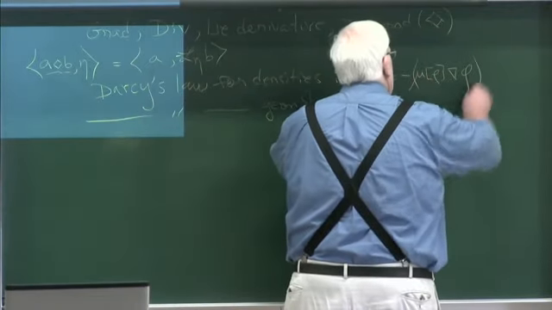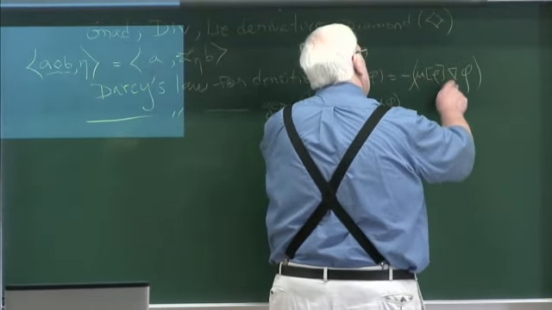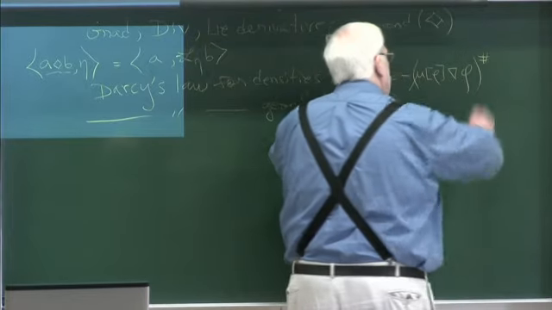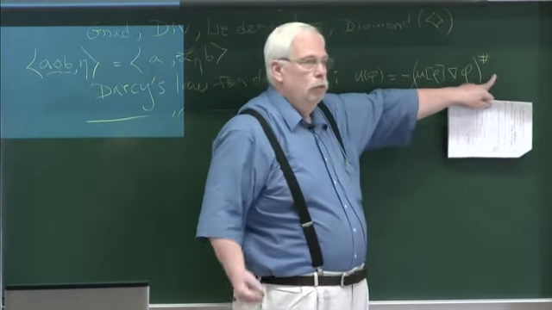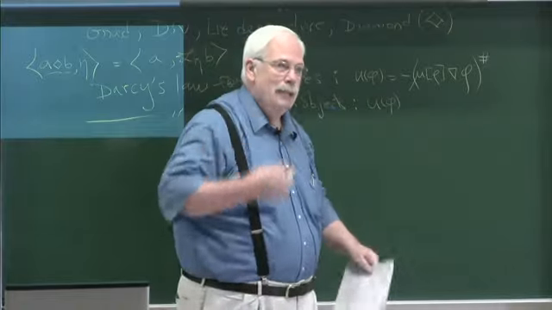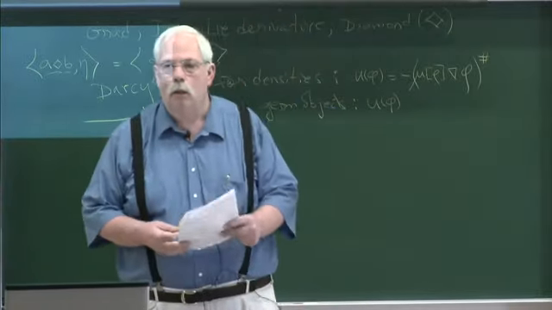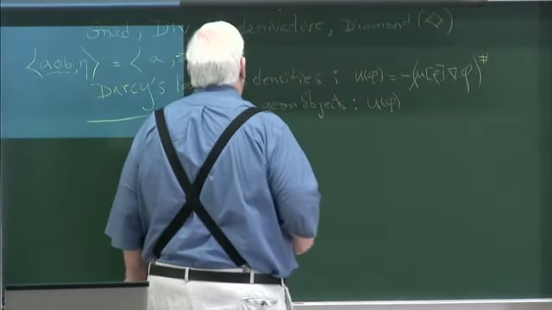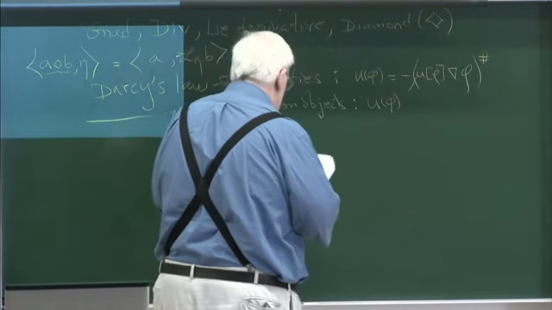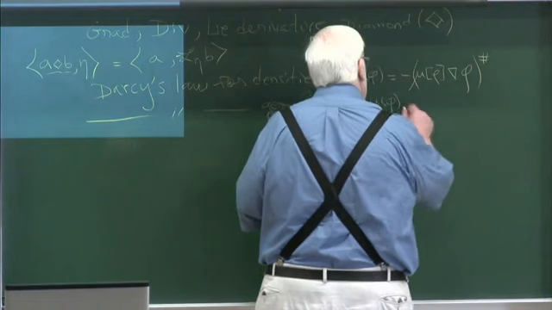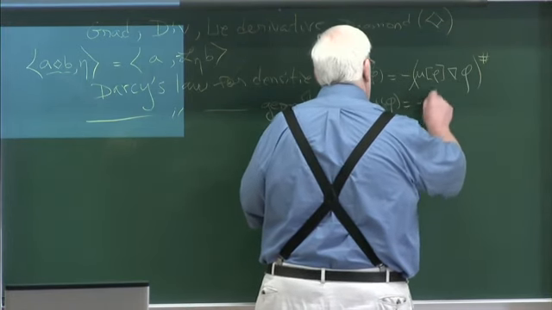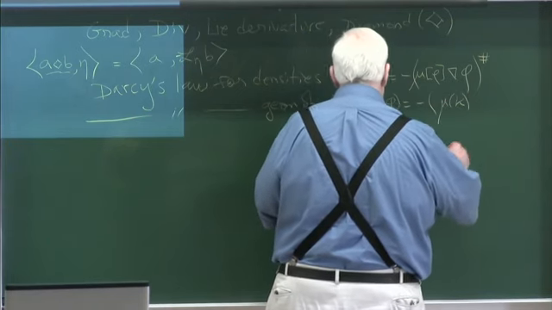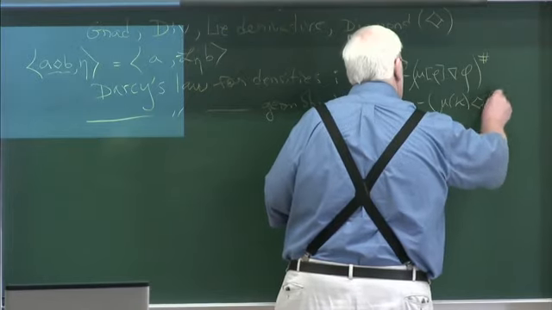So to raise the index from lower to upper, so it matches the index on both sides, you introduce this little operation called sharp, which raises indices. It's not a Riemannian metric. It just raises indices, takes you to the dual space. So you can write u of phi is minus mu of kappa diamond phi.